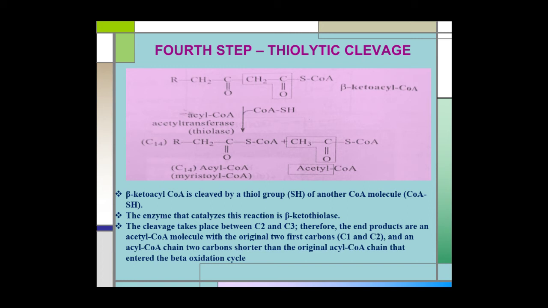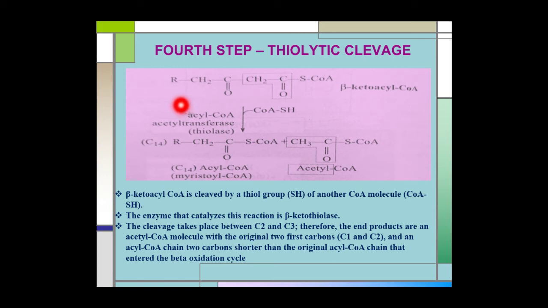Fourth step is the thiolytic cleavage. In this fourth step, the beta ketoacyl CoA is cleaved by a thiol group. Thiol means the SH group of another coenzyme A molecule. The enzyme which catalyzes this reaction is acyl CoA acetyltransferase.